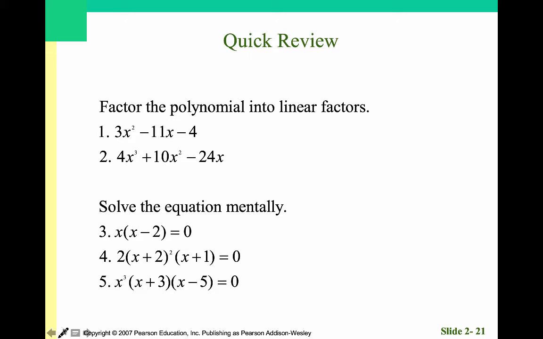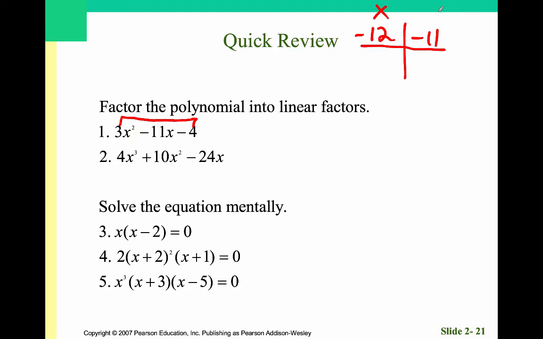Now, depending on where you are with how good of a factorer you are, you may need to factor this one by grouping. Remember, you multiply the a times the c, and you're looking for factors that add to negative 11.